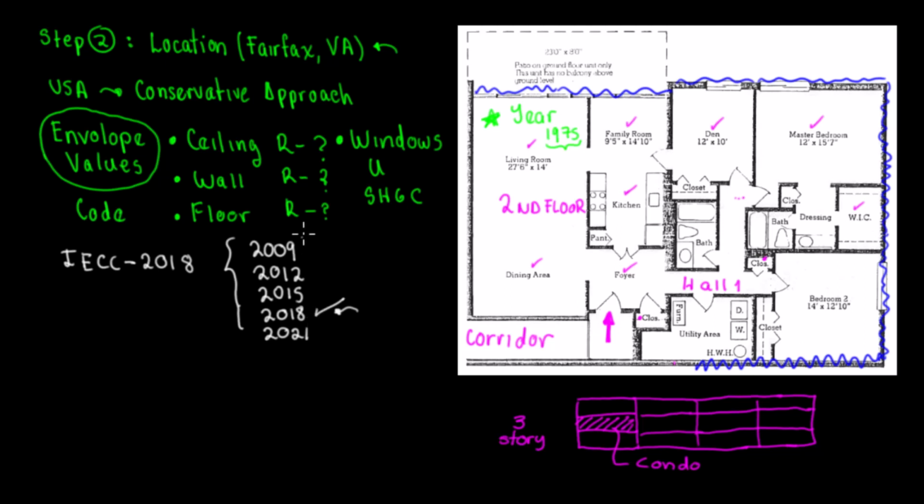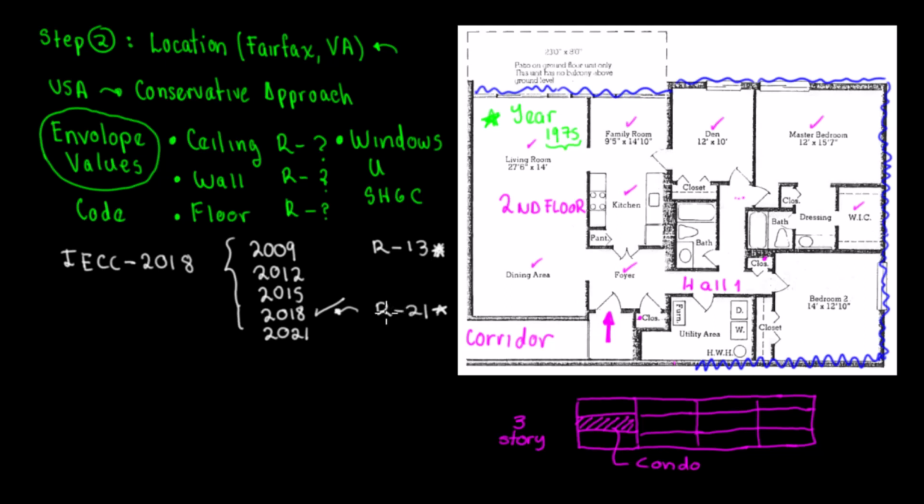In 2009, the values are lower. For example, your exterior wall: in 2018, you might need an R value minimum of R21 for the exterior wall, but in 2009, you might need maybe R13. See, there's a big difference, R13 or R21 for the wall. Of course, when you put more R value of insulation, you pay more.